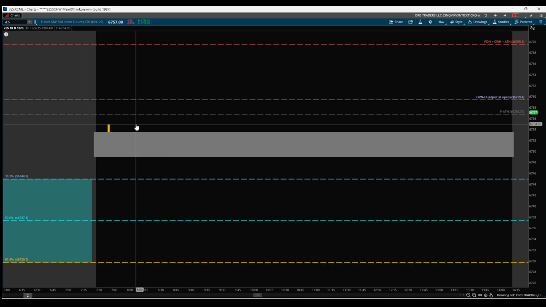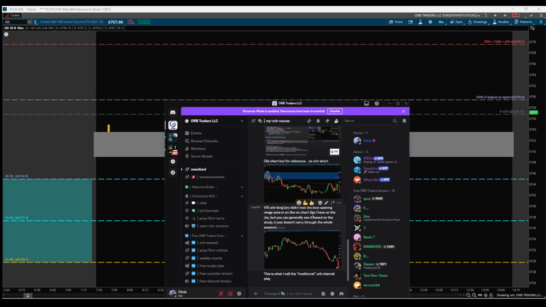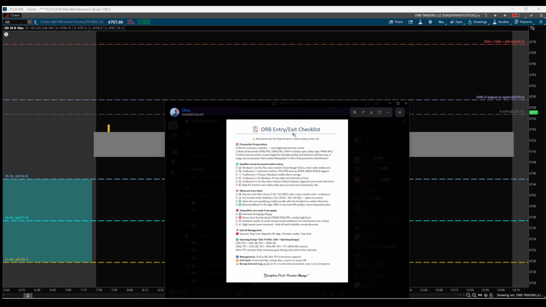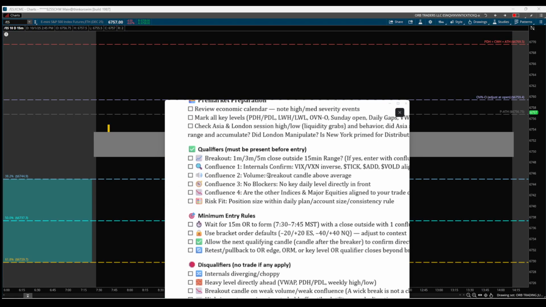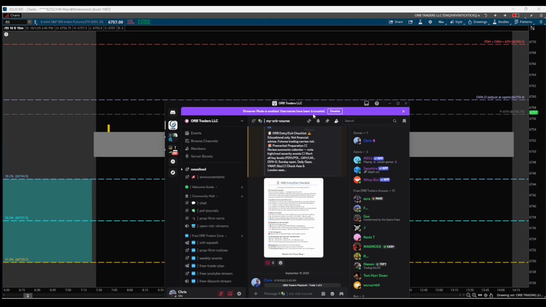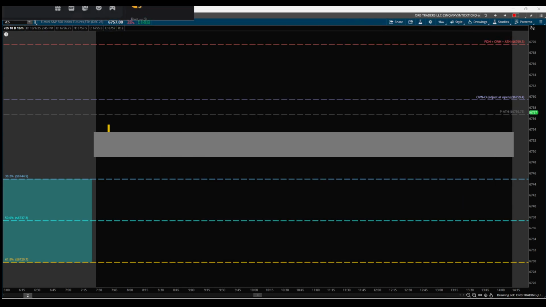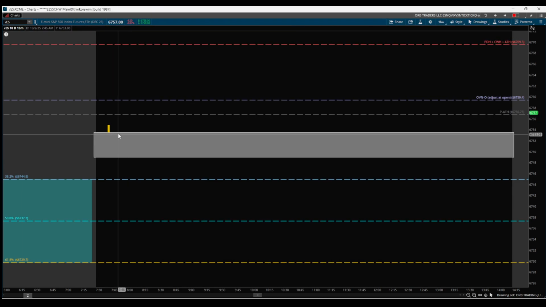Look for some TPs. As always, you can leverage the Discord's resources. Let me see if I can pull this up here, where it has the chart or the entry and exit list. Just a quick checklist to help traders who are new to the opening range.